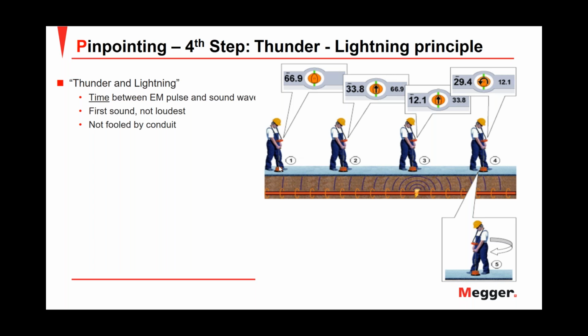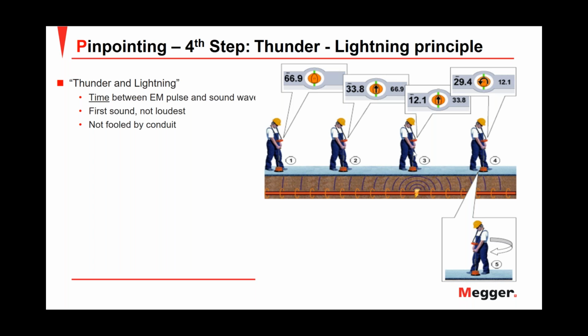So when he walks to the fault, this number will decrease. Now in position number 2, we have 33.8 milliseconds, which means that the electromagnetic signal arrives, and 33.8 milliseconds later arrives the acoustic one.